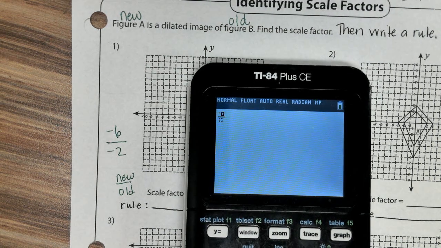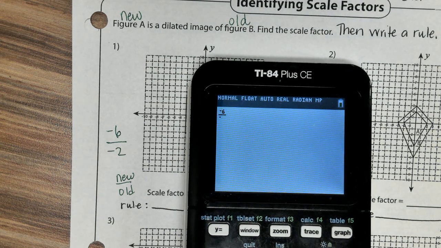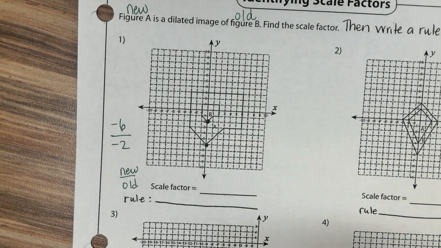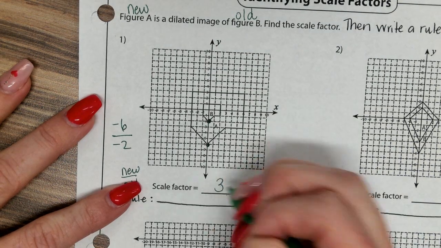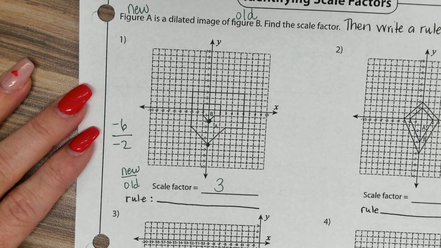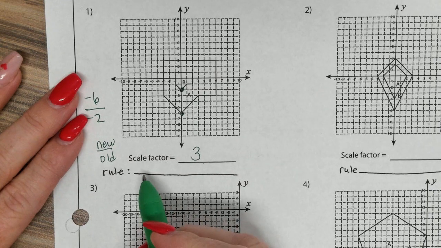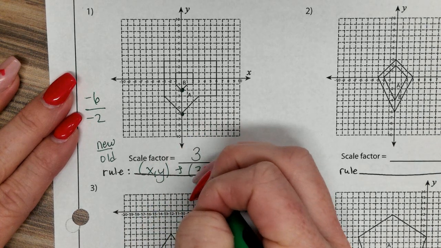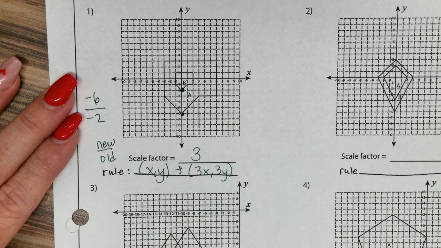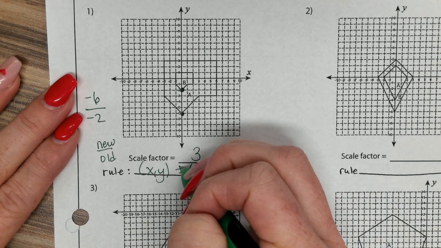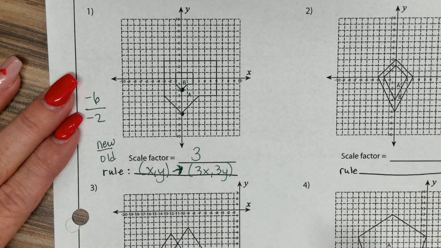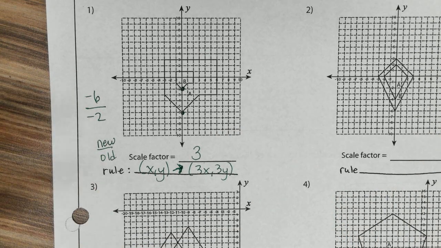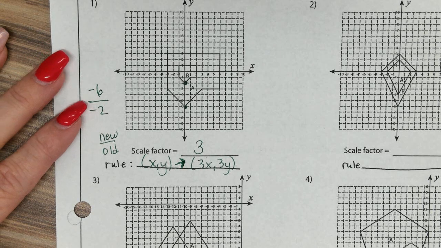So -6 over -2 simplifies to what? 3. So my scale factor is 3. Now I have to write the rule. The rule says take your x and your y and multiply them both by that scale factor. This is an arrow. So every time you get your scale factor, you make it look like that. Make sense?